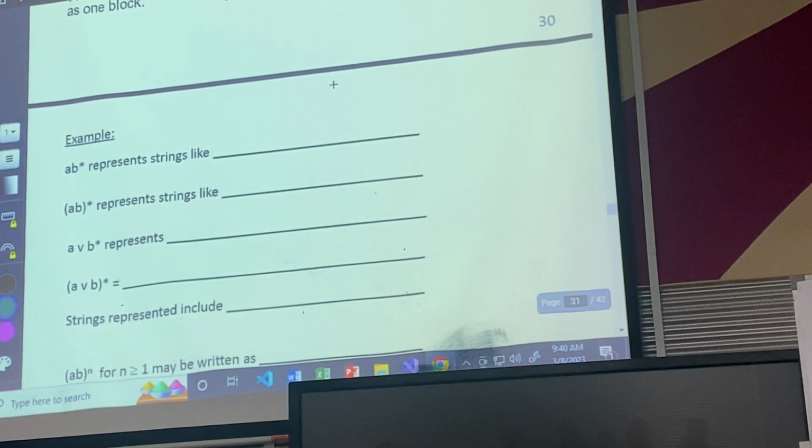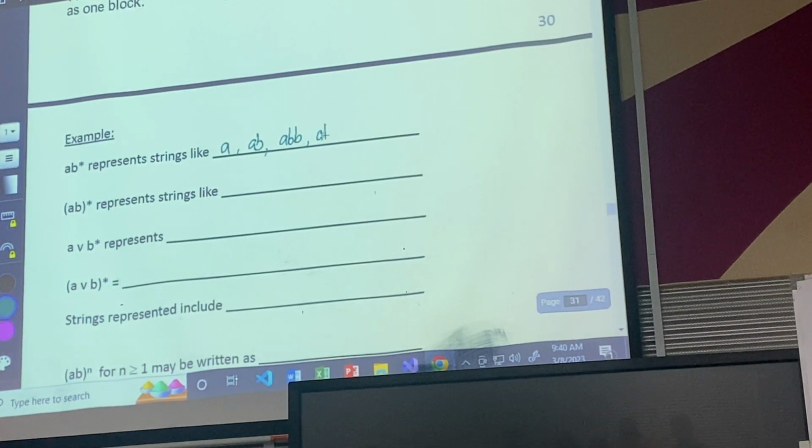A only, right? Because the asterisk can be 0. And then followed by AB, and then ABB, ABBB, and so on. So that means the loop is only for B. The B will repeat but not the A. That is how we write A, B asterisk as string.